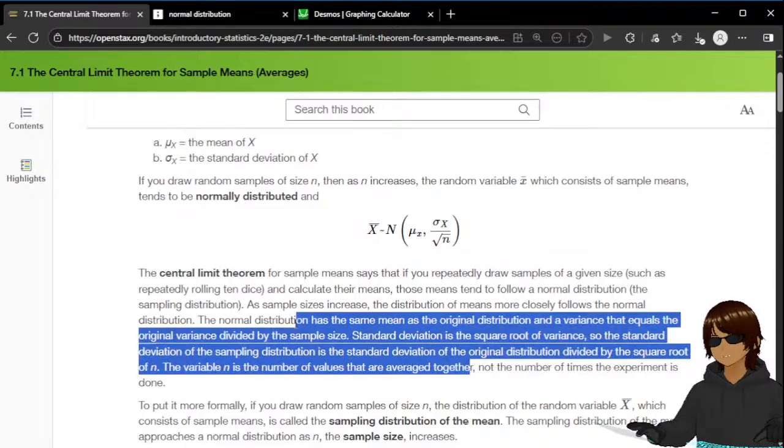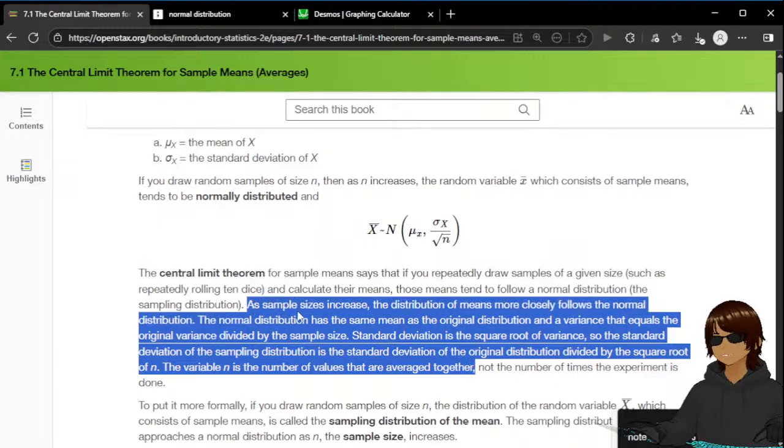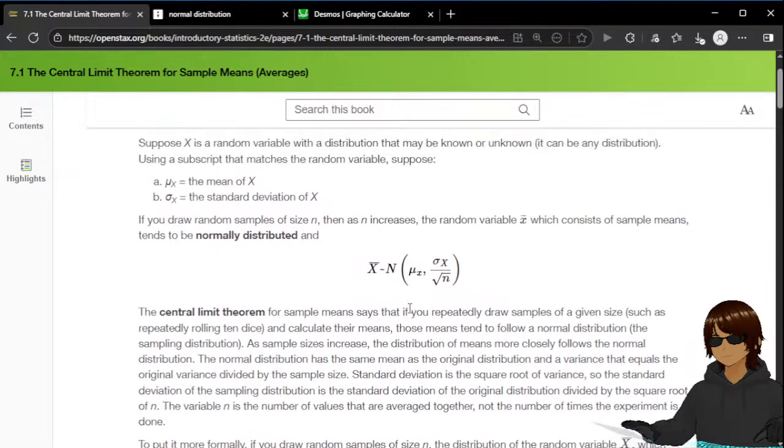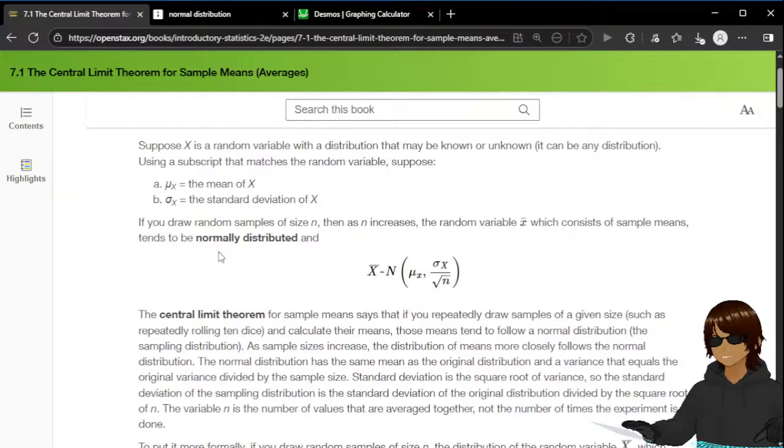Yeah, I don't understand what they're doing here. As the sample size increases, the distribution of means more closely follows a normal distribution. Okay. So the mean of the original distribution, standard deviation of the original distribution, which we don't know.